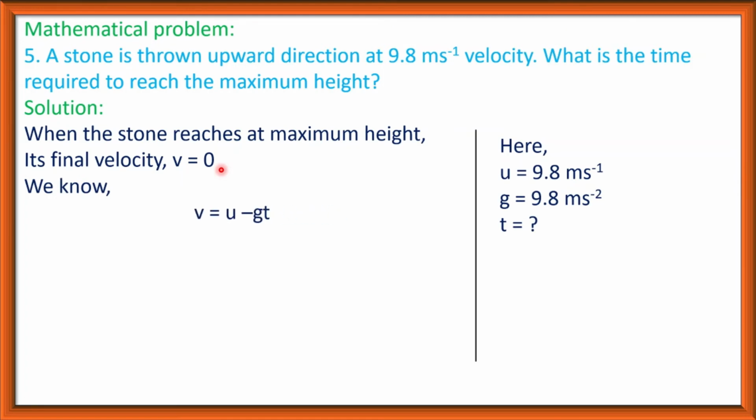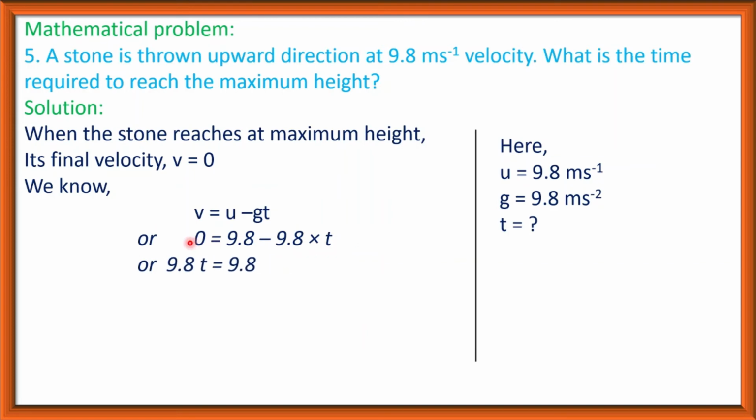And we know v is equal to u minus gt for projected body. If the object moves in upward direction, then v is equal to u minus gt. And at maximum height, v is equal to 0. So 0 is equal to initial velocity 9.8 minus g t, that means 9.8 into time t.